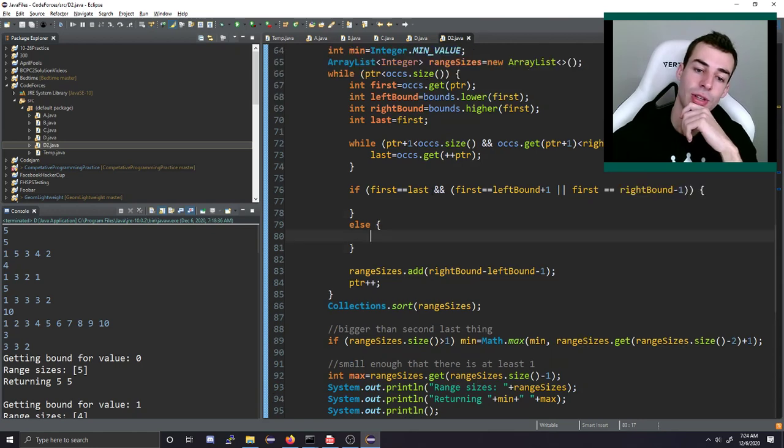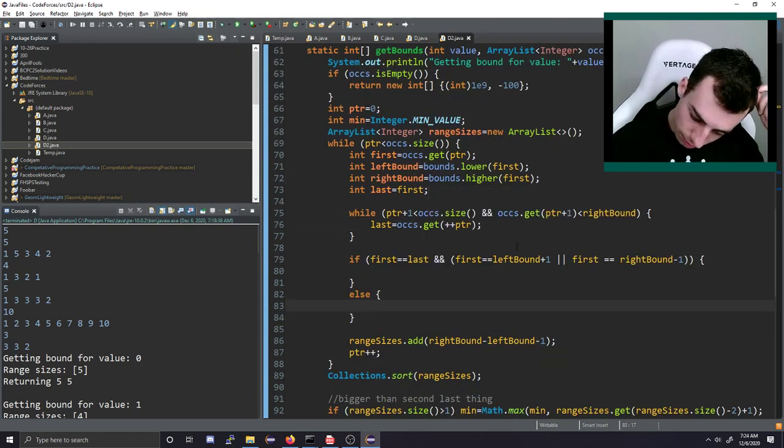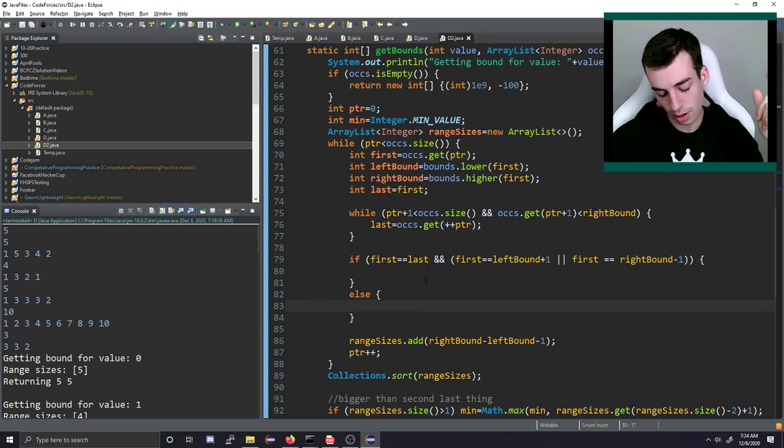As we have these range sizes. Okay, so then otherwise it can only be the biggest.